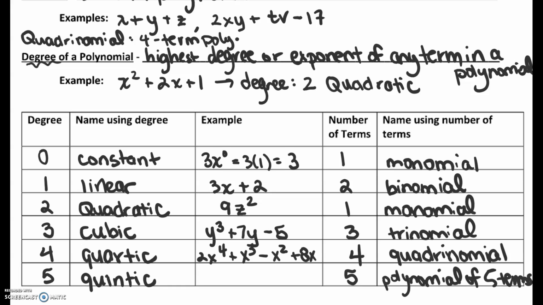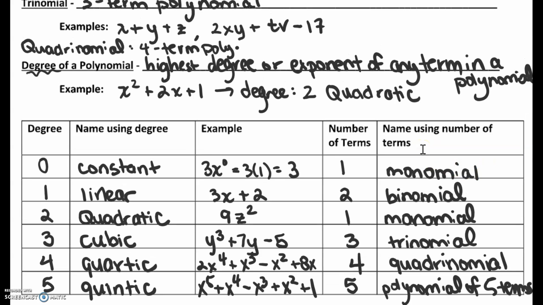We don't need to know every single thing. Okay, so x to the 5th plus x to the 4th minus x cubed plus x squared, 1, 2, 3, 4. I need one more, plus 1. Okay, so there's a bunch of different examples.